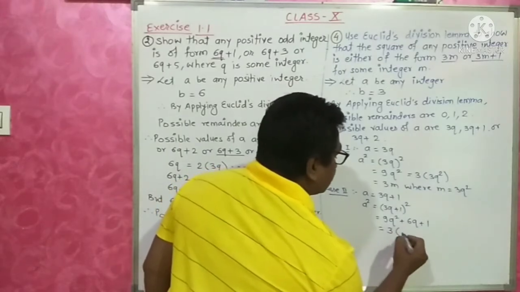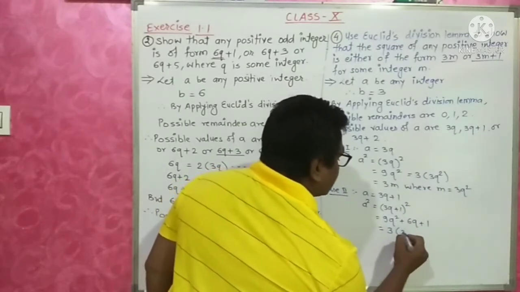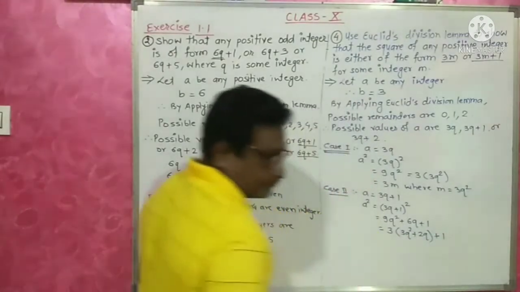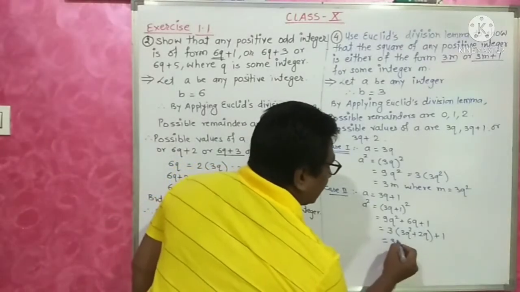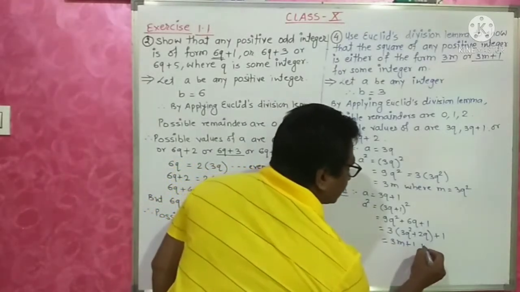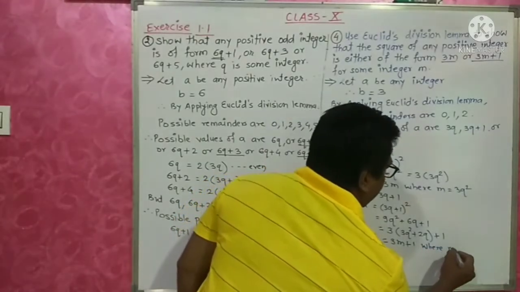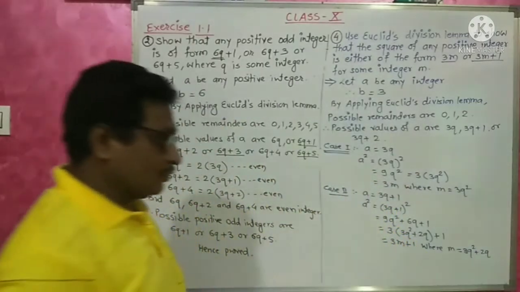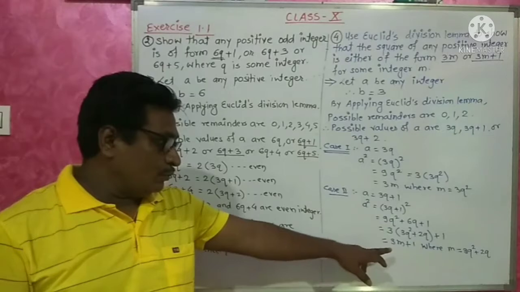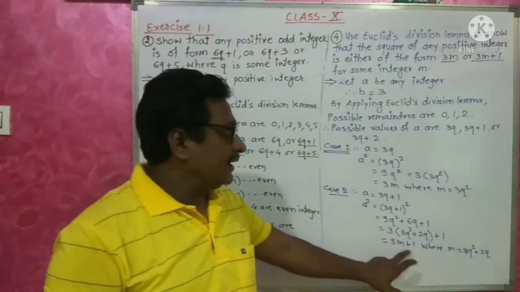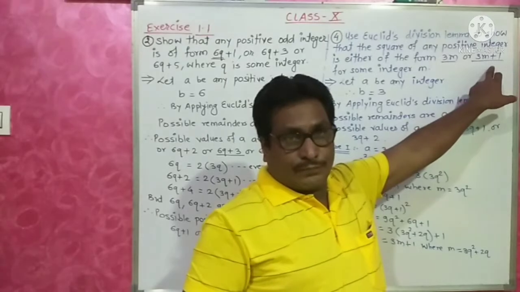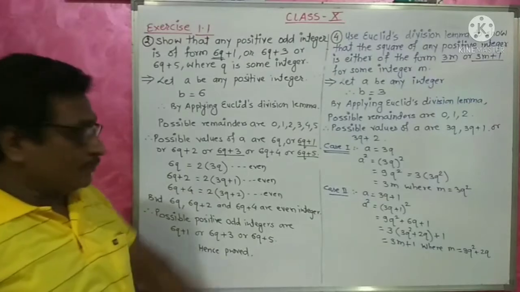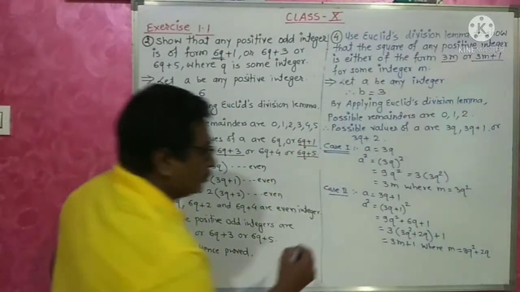So 3 into 3q square plus 2q, plus 1. So what will we get? 3m plus 1, where m equals 3q square plus 2q. In place of 3q square plus 2q, what can we write? m. So we get 3m plus 1. Got it? So this we expressed in this form. Now the third case. So case 3.